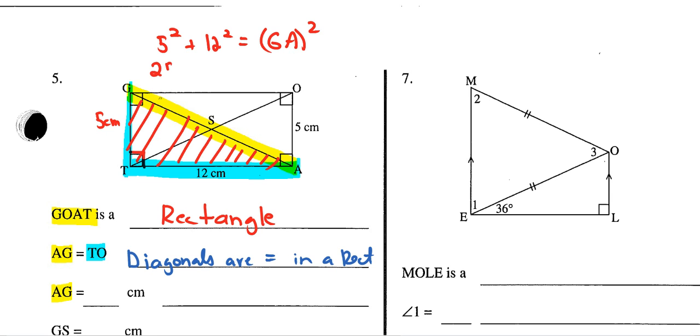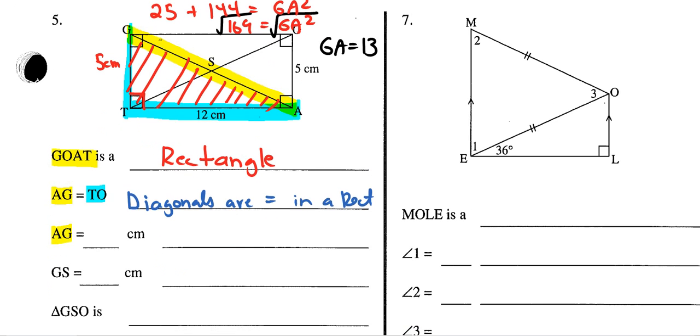This will be 25, and this will be 144, equals GA squared. And 25 plus 144 is 169, equals GA squared. If I take the square root of 169, just like in the homework, we know that GA has to be equal to 13. GA or AG, that's the same thing. This is going to be 13 centimeters, and I can just say this is the Pythagoras theorem.